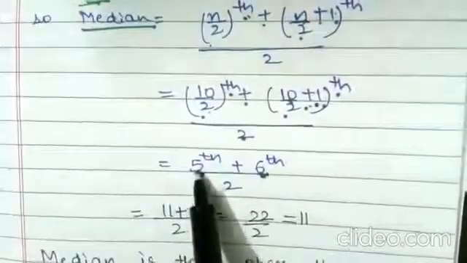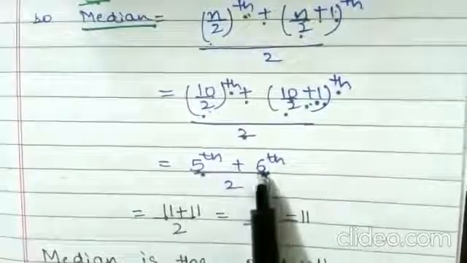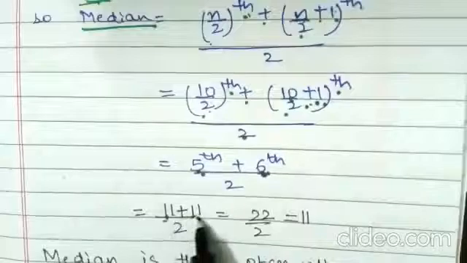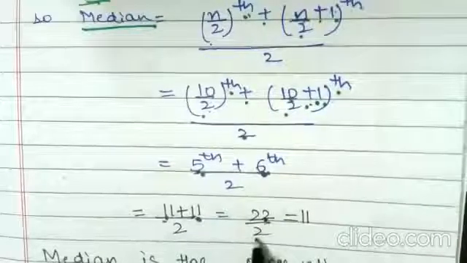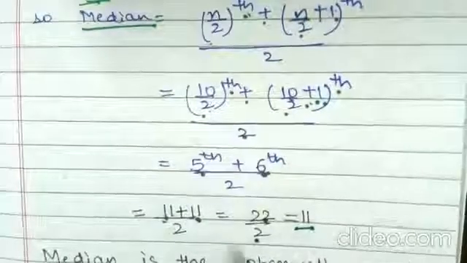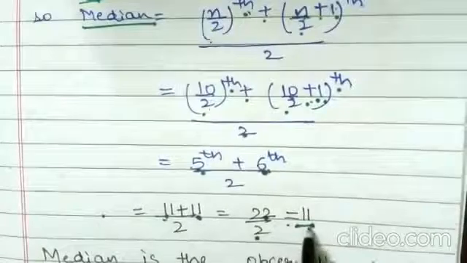Now the 5th observation is 11 and the 6th observation is also 11. On adding we get 22, and on dividing by 2, we get 11. So the median we got is 11.